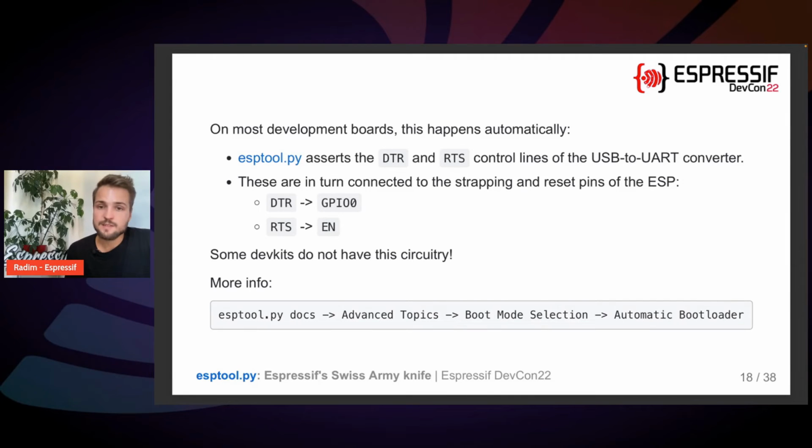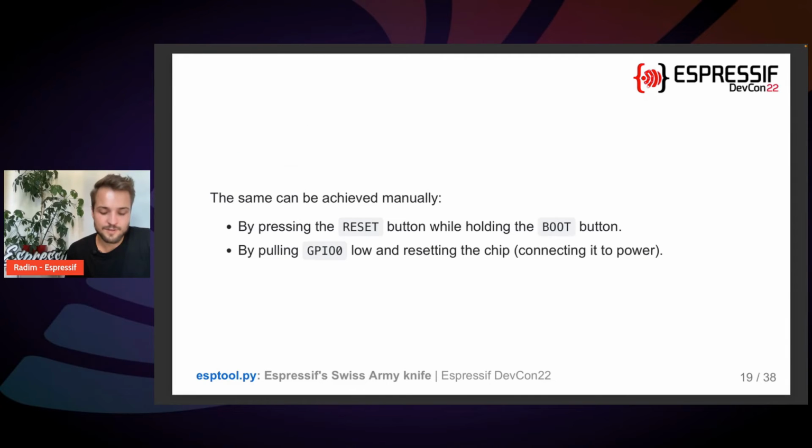But some dev kits, or if you're talking to a bare ESP, do not have this circuitry. What can I do in this case? Well, you can also turn the ESP chip into a download mode manually. And that is done by pressing the buttons of the dev kit. You can see most dev kits have two buttons, boot and reset.